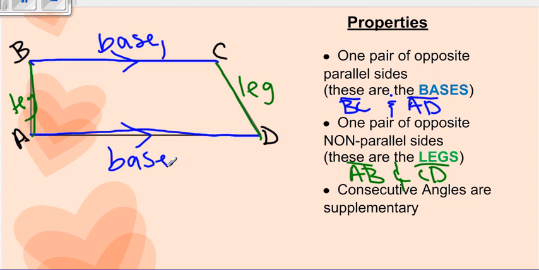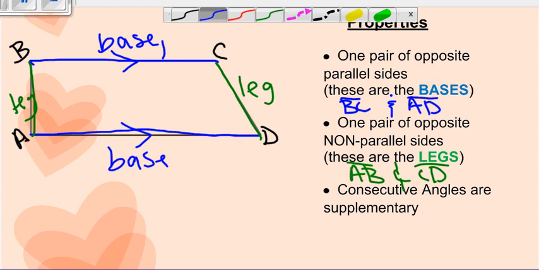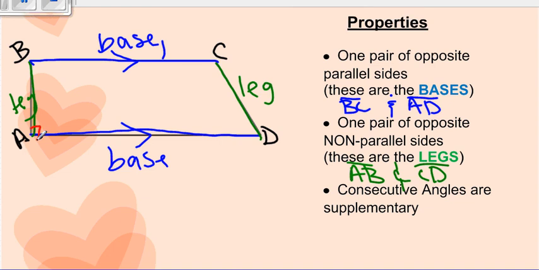And if we're looking at the parallelogram, their consecutive angles will be supplementary. What this means is the consecutive angles that are formed by the parallel lines. So this angle here will also be supplementary to that one that is vertically above it.